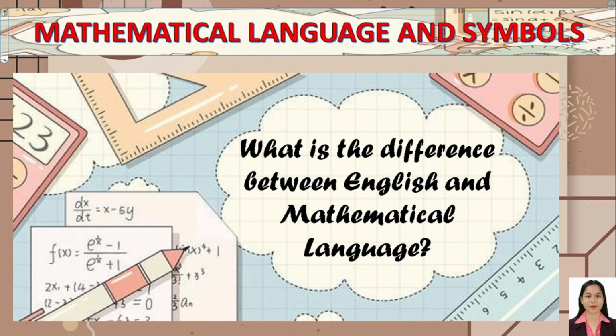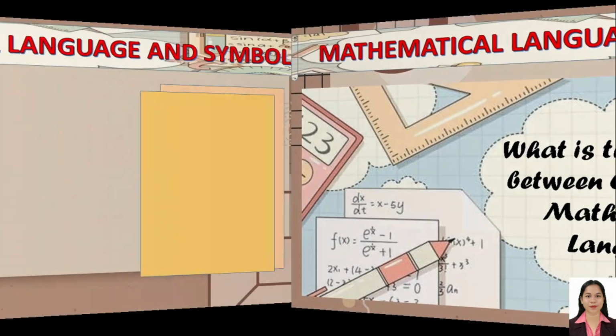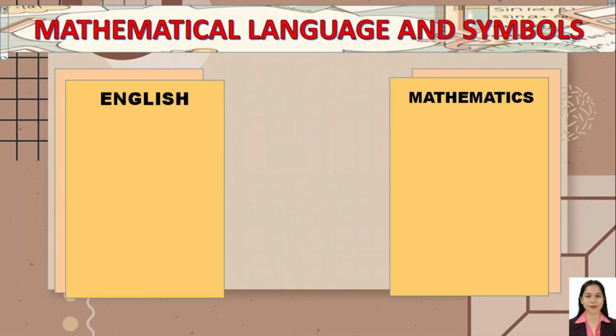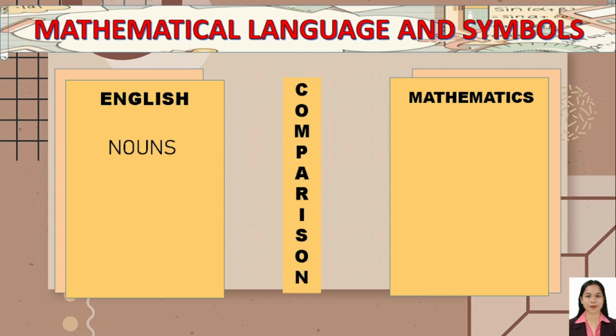Okay, so let's start our discussion with this question: what is the difference between English and mathematical language? Let's compare English and mathematics. In English, a noun is the name of a person, place, thing, event, and etc. While in mathematics, the noun is the numbers or expressions.